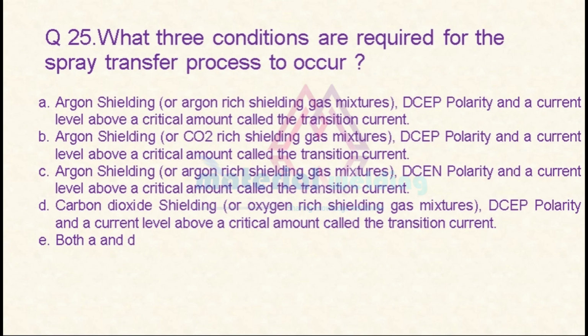C. Argon shielding, or argon-rich shielding gas mixtures, DCEN polarity and a current level above a critical amount called the transition current. D. Carbon dioxide shielding, or oxygen-rich shielding gas mixtures, DCEP polarity and a current level above a critical amount called the transition current. E. Both A and D.